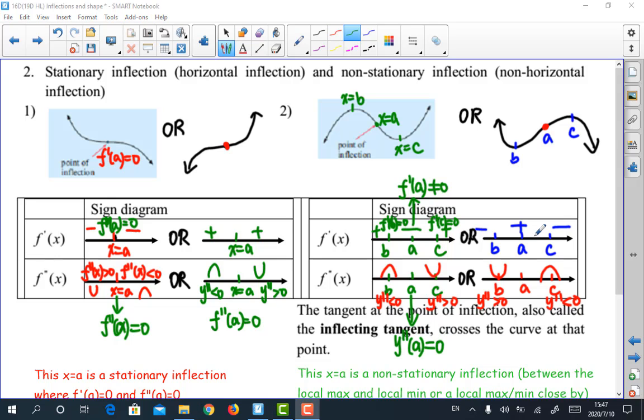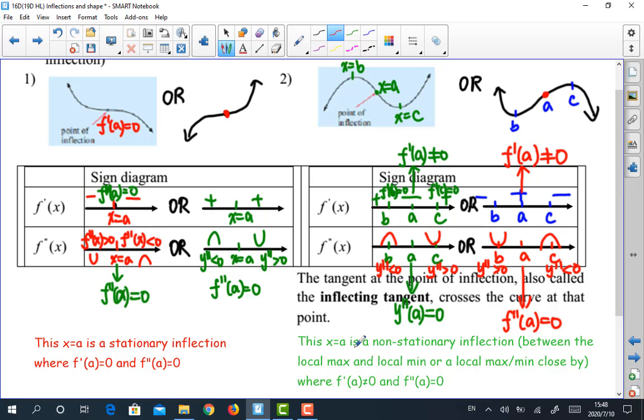The same reasoning can be applied to this case of the function curve. So if this a is a non-stationary inflection, we can get this f prime a is positive, which means it will never be 0. From concave up to concave down, passing through x equals a, this suggests f double prime a can be equal to 0.